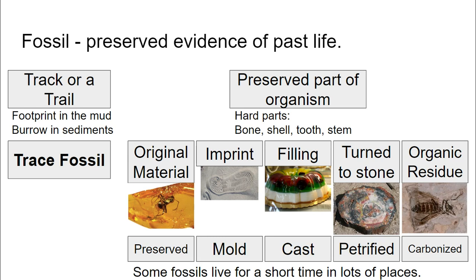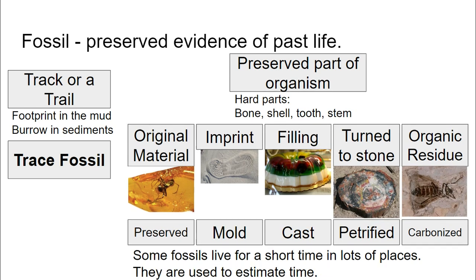Now, some fossils live for a very short period of time in lots and lots of places. These fossils are useful for telling time, and these fossils are going to be called an index fossil. So index fossils are organisms that live for a very short period of time in lots and lots of places. They are going to be easy to identify. They are going to fossilize well.